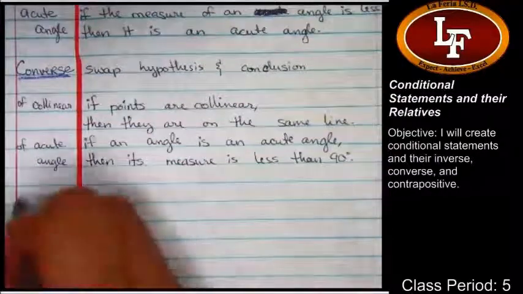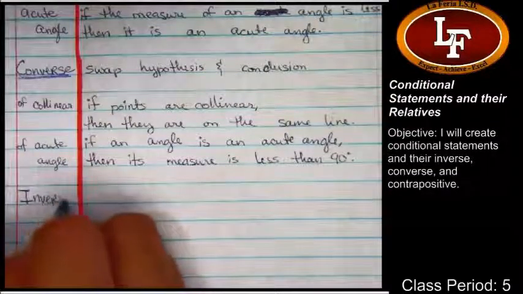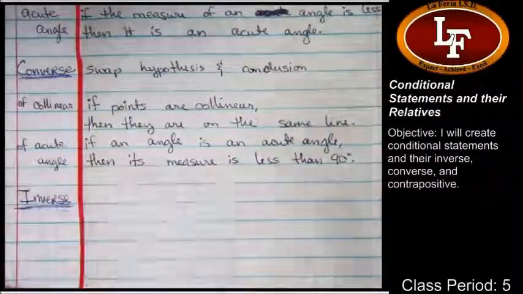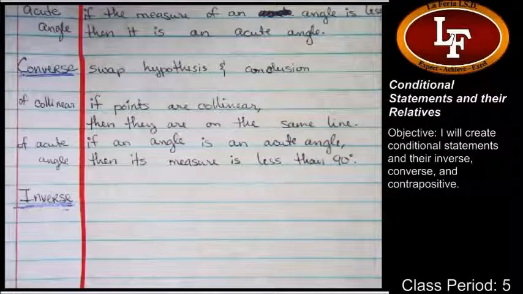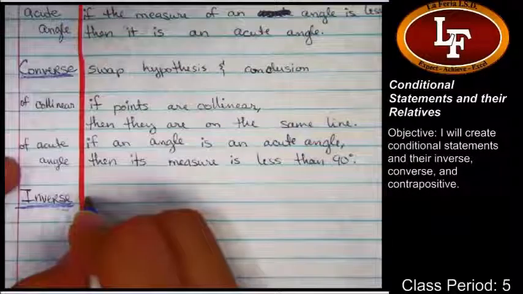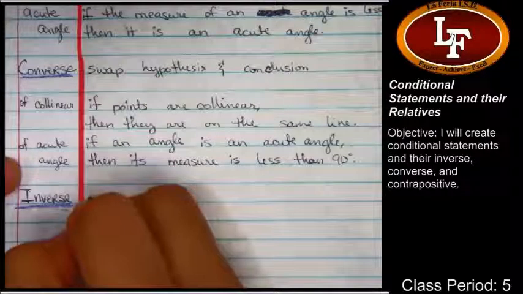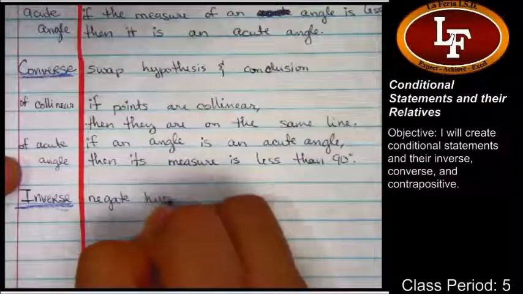All right. Okay, let's go on to the next relative because y'all seem really good at that. The next relative is the inverse. Inverse means the opposite, yeah. So I'm going to write here my quick word, negates.